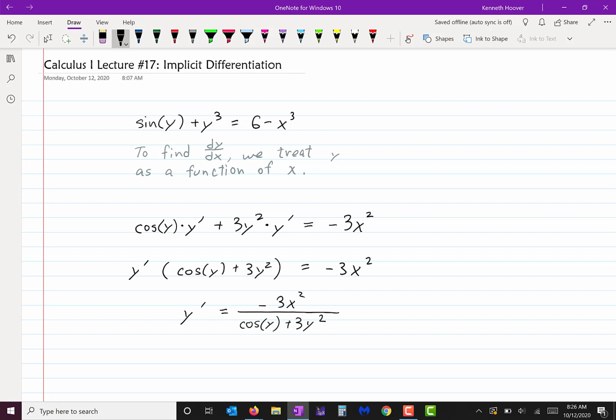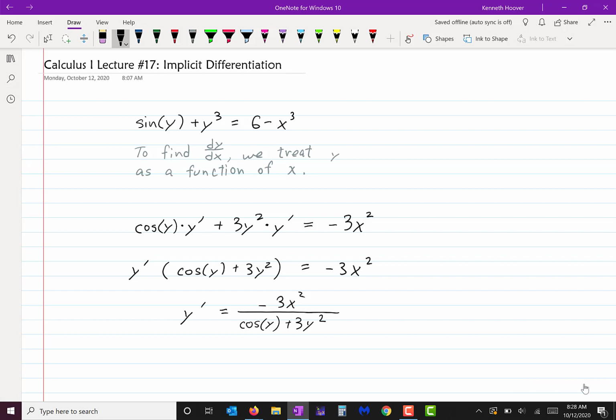Now if I asked you, find the slope of the tangent line at a certain point, what would you do?